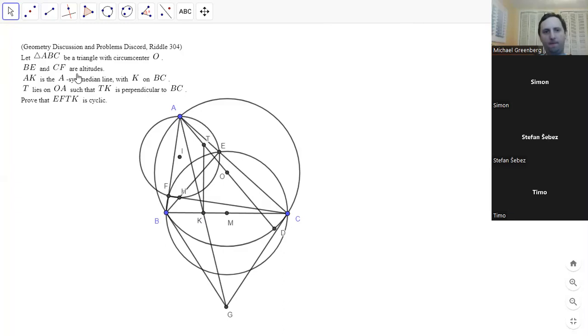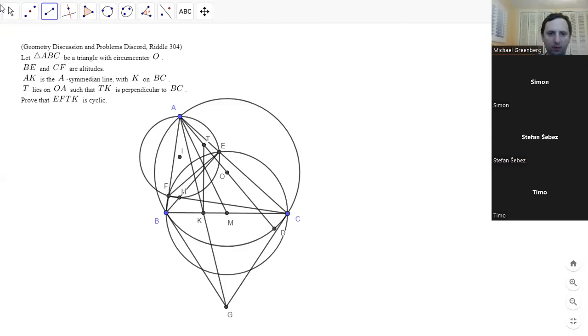Okay. I have seen a problem before which looks useful here. That is that AM, TK, and EF concur. Okay. AM, TK, and EF concur. Yes, interesting.